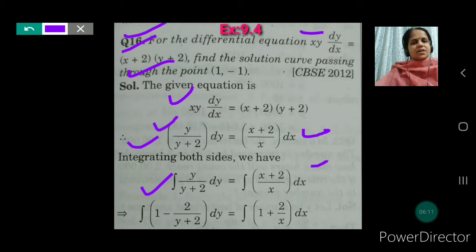Now here, students, apply the method: 1 minus 2/(y + 2) dy. When you take the LCM, you will get y only. And on the right side, divide by x in the terms, you will get 1 plus 2/x.